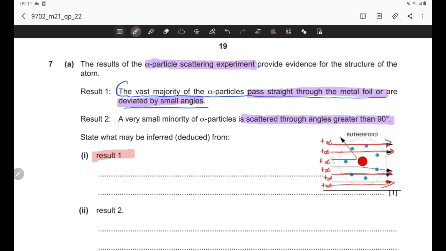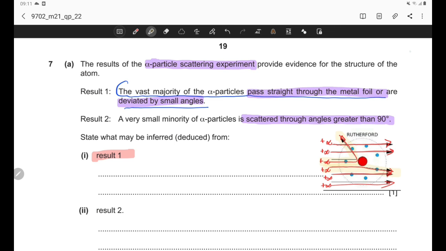Here you can see only one alpha particle is deviated by greater than 90 degrees and one alpha particle is deviated by a smaller angle. So compared to the total number of alpha particles which move straight without any deviation, only a small number are deviating.